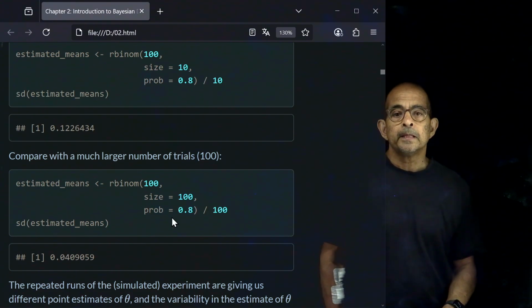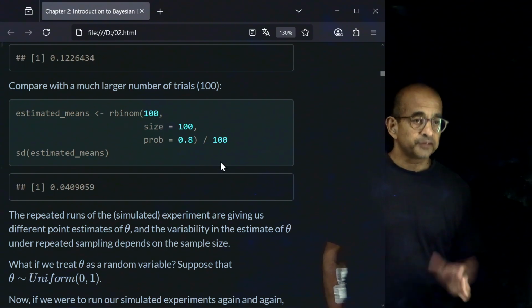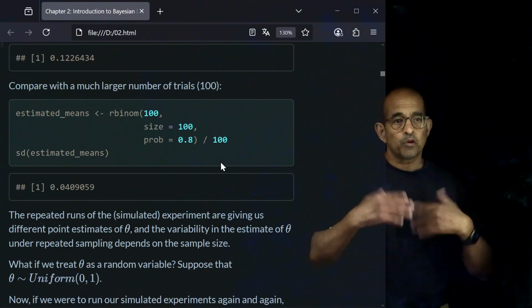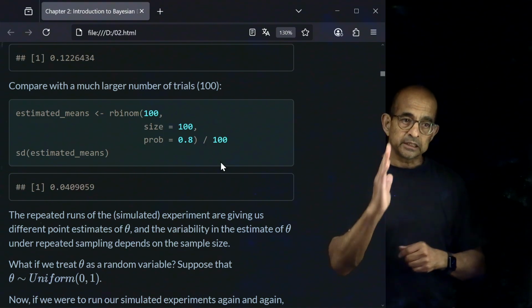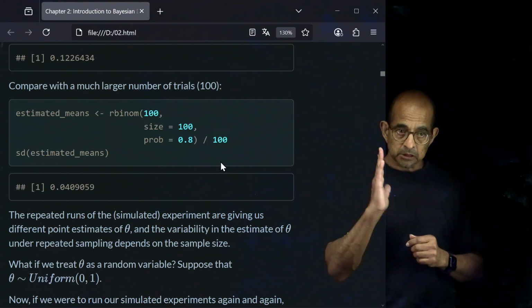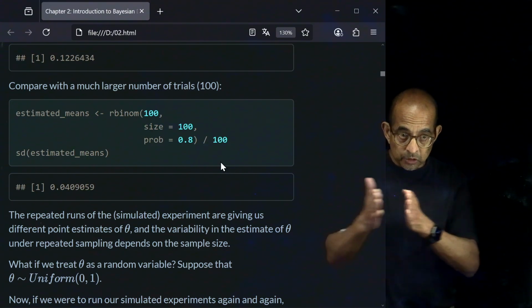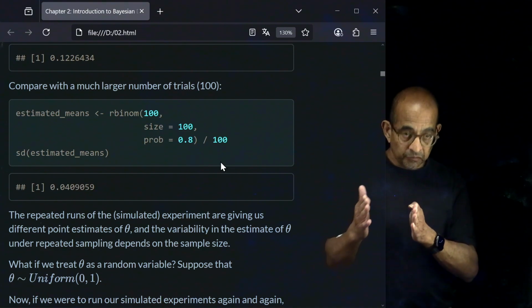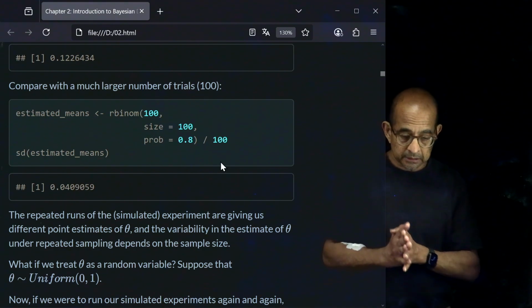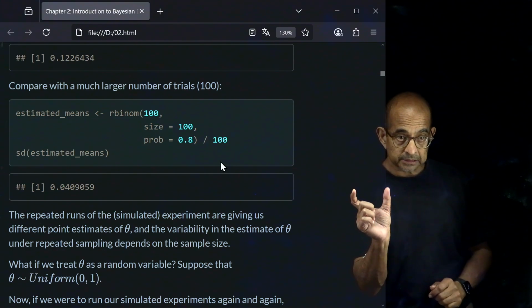This is a very important detail in frequentist statistics, because when we compute a maximum likelihood estimate, we are interested not only in the maximum likelihood estimate, but also in the uncertainty of our estimate, the variability in the estimate. That's the standard error that we are interested in, right?